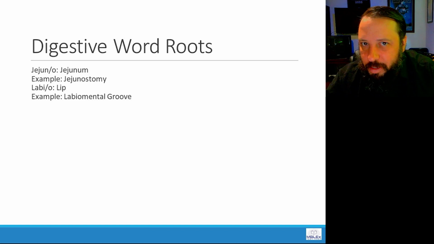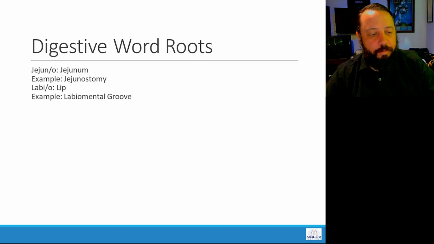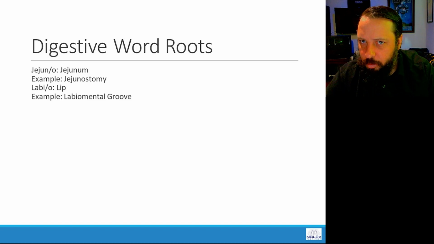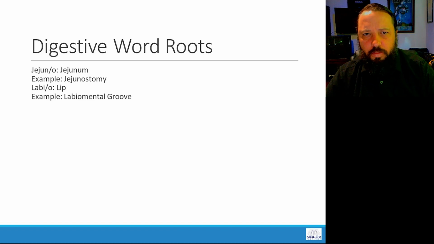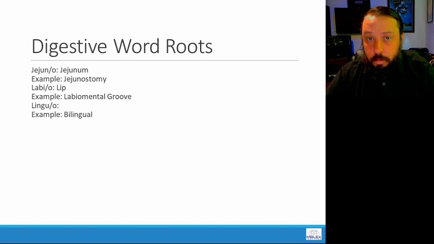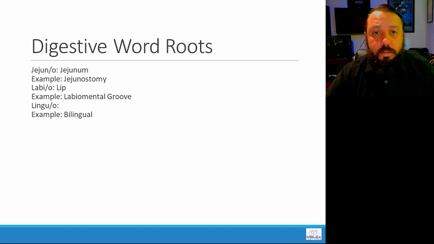So labio means lip. I think of the female reproductive system, labia, lip, same thing. We might get to that with reproductive system word roots as well, so just keep that in mind. Labio means lip.